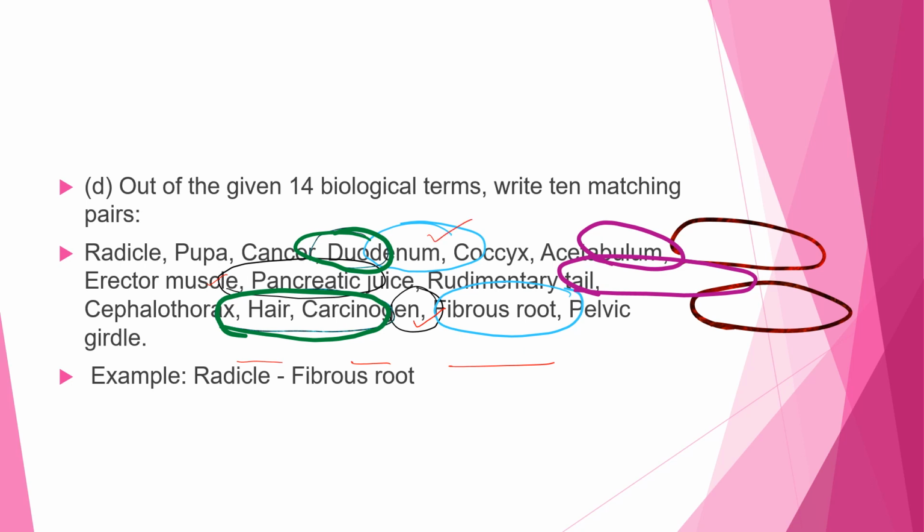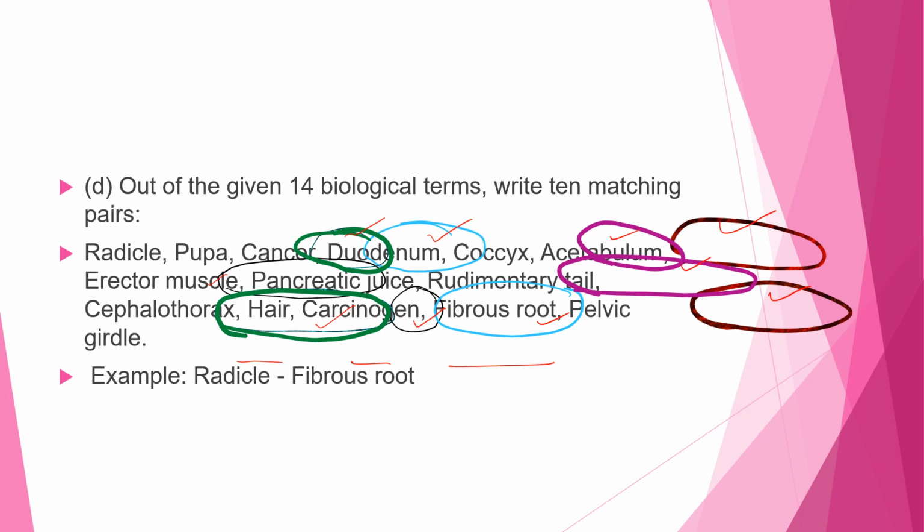Then cancer and carcinogen are a pair. Then acetabulum and pelvic girdle are a pair. Then pupa and cephalothorax are a pair. And coccyx and rudimentary tail. So these all are the pairs which you have to find. Please do it properly. It's very easy. You know each and everything.